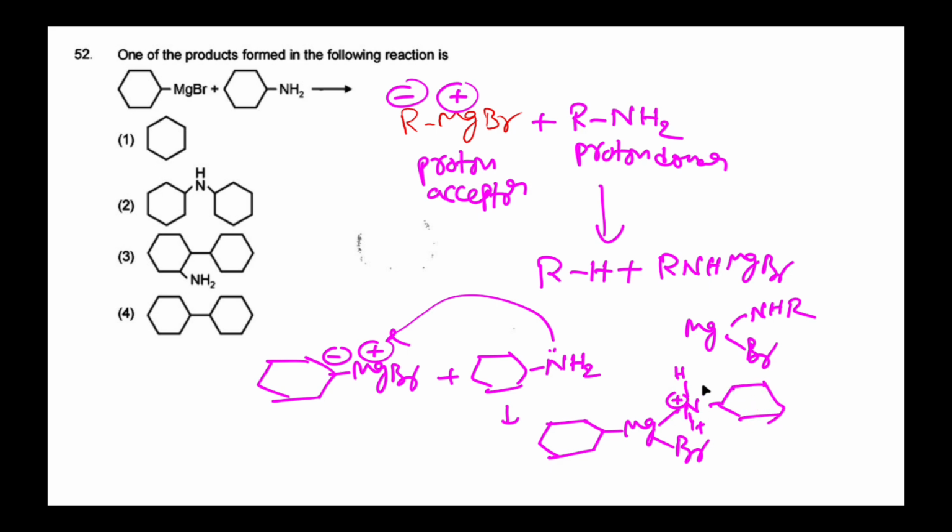Here nitrogen gets a positive charge, then it will take out that proton, so that cyclohexane is formed as the product. Then remaining is Mg and Br, NH, cyclohexyl ring is present. So the answer is cyclohexane.